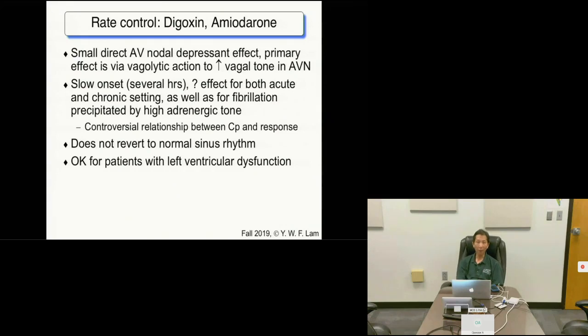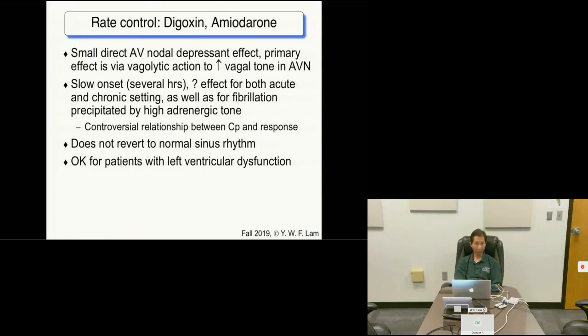The primary antiarrhythmic effect of digoxin is really related to what we call the vagotonic action, increasing the vagal tone, and essentially you're looking at parasympathetic system modulation in terms of producing bradycardia. So it is not effective compared to verapamil or diltiazem, especially if the patient has high adrenergic tone.